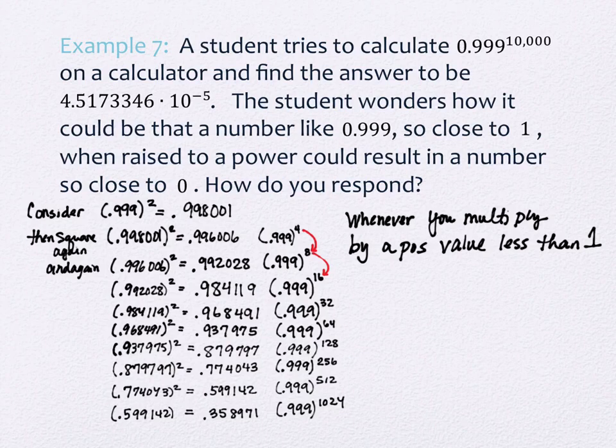We're multiplying by 0.999. That is a positive value less than 1. So anytime you do that, the product is smaller. So the product becomes smaller.